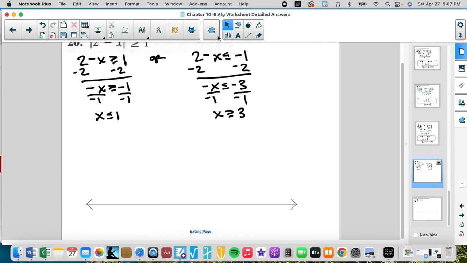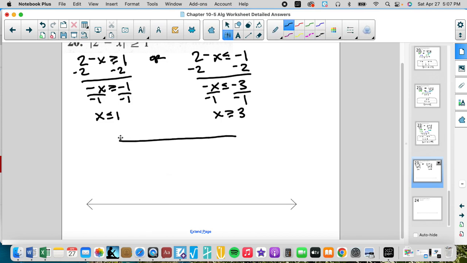Okay, so let's do our sketch. We have 0, 1, 3. Let's do highlights. We'll highlight that in green, highlight that in blue. Green, x is less than or equal to 1. That's a closed circle going that way. X is greater than or equal to 3. Closed circle going that way.